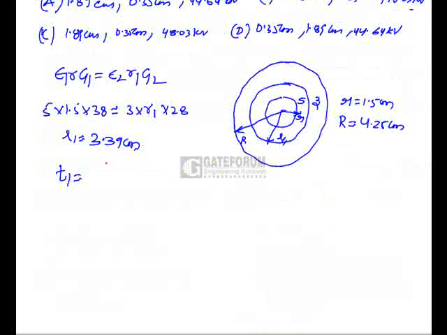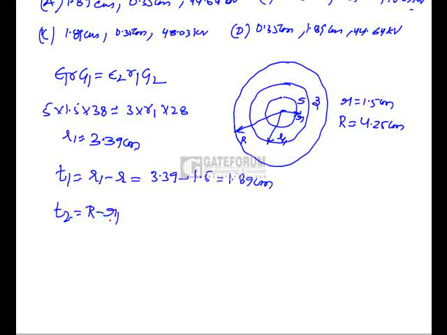Now what is the thickness of cable 1? r1 minus r, 3.39 minus 1.5, which is around 1.89 centimeters. Thickness of cable 2 is capital R minus r1, which is 4.25 minus 3.39, equal to 0.35 centimeters.